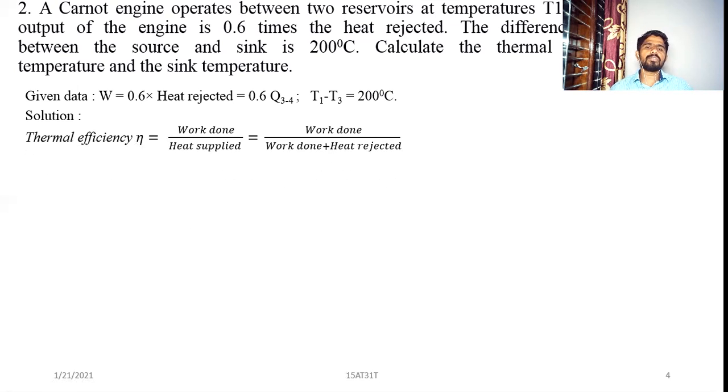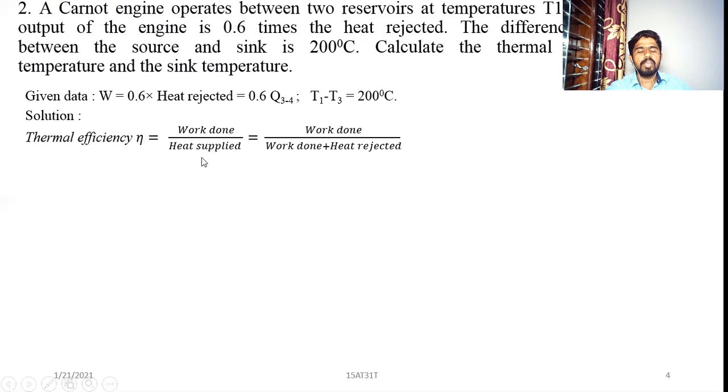Based on this, you can rewrite the equation as work done divided by work done plus heat rejected, because work done is equal to heat added minus heat rejected. So heat added minus heat rejected plus heat rejected: the heat rejected gets cancelled and only heat supplied remains.